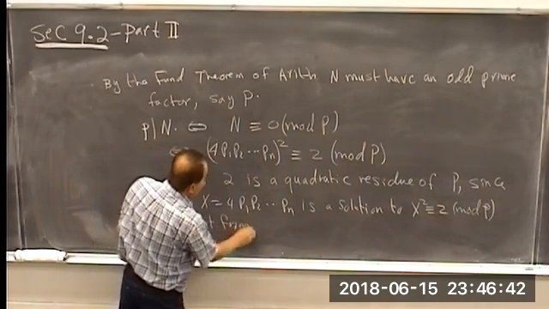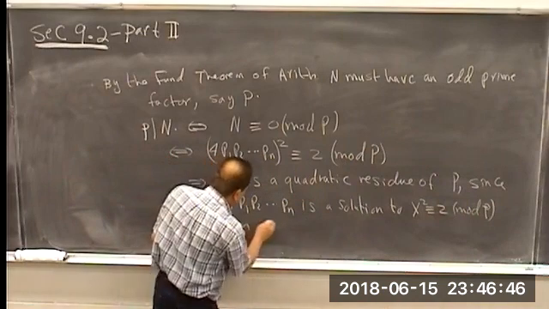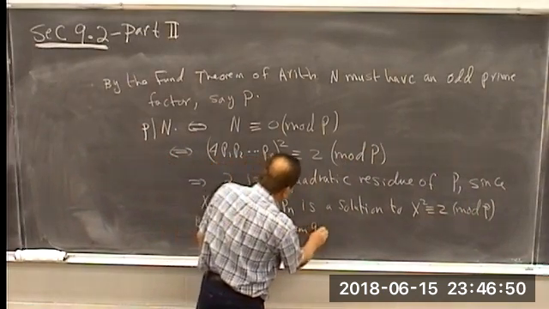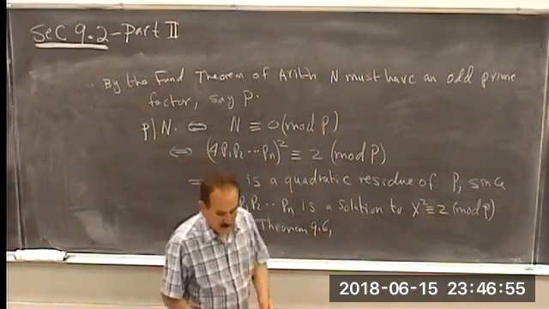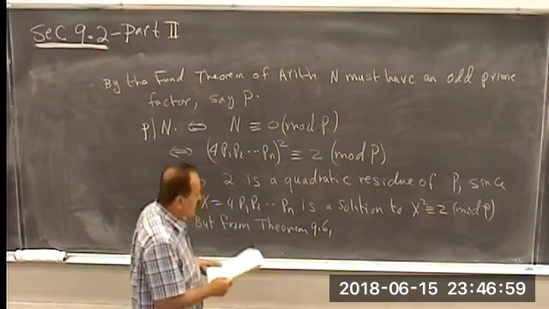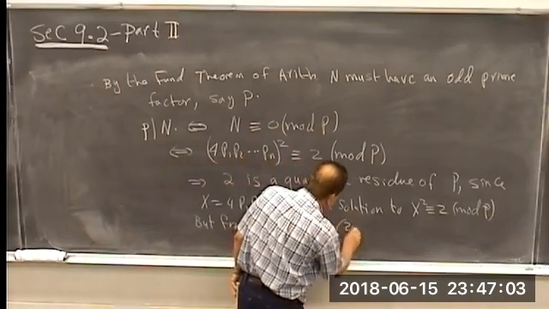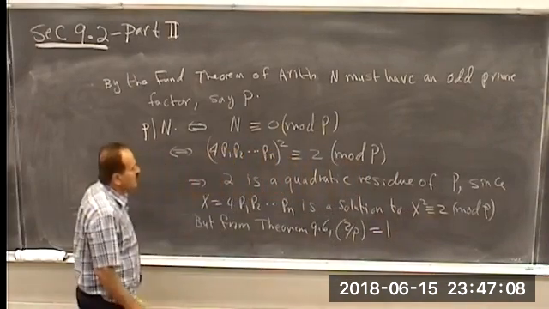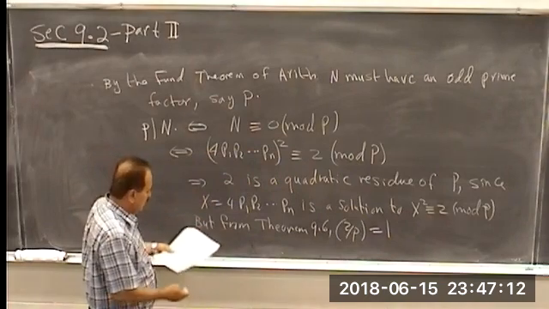But from the previous theorem, that is actually theorem 9.6, we had 2 over P is equal to 1 because it's a quadratic residue. All right, 2 is a quadratic residue, so this one is equal to 1.